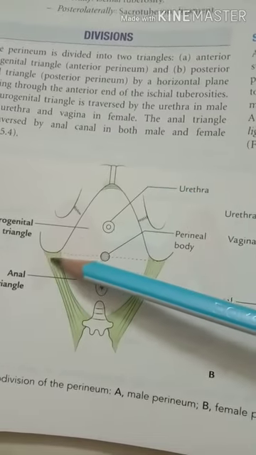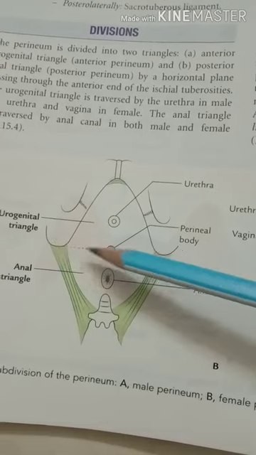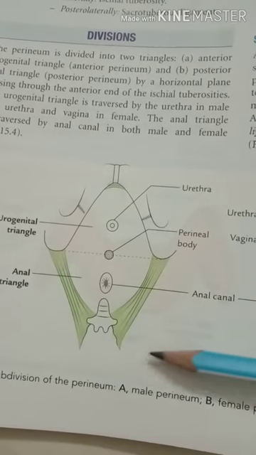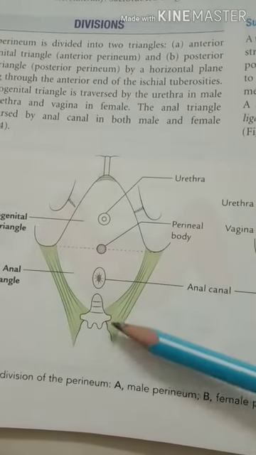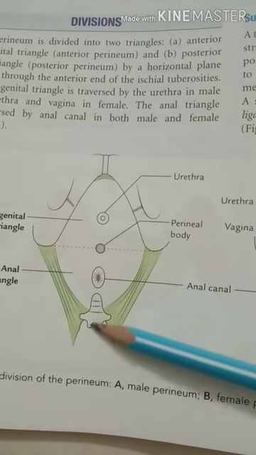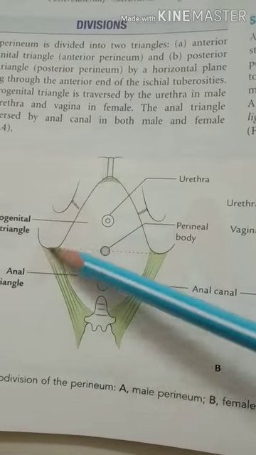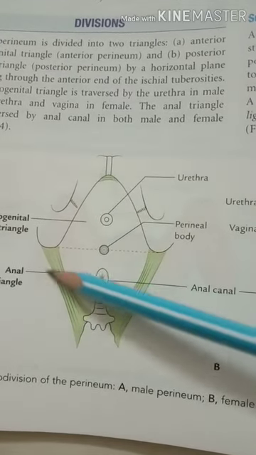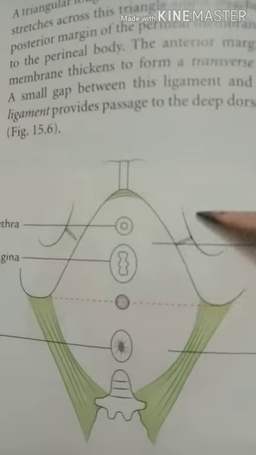Laterally it is the ischial tuberosity, both are the ischial tuberosities, and posteriorly it is formed by the tip of the coccyx. So this quadrangular space is called the perineum, this is the male perineum, and this is the female perineum here.